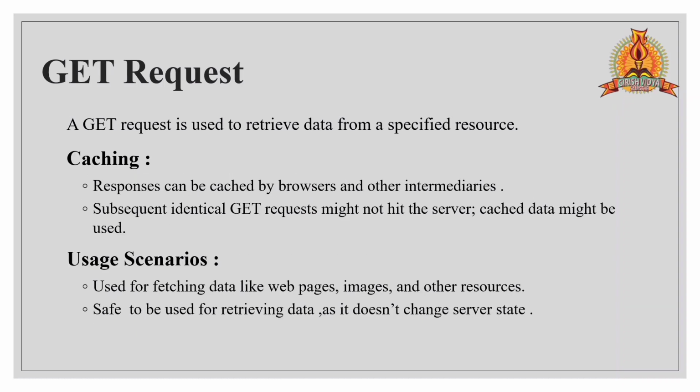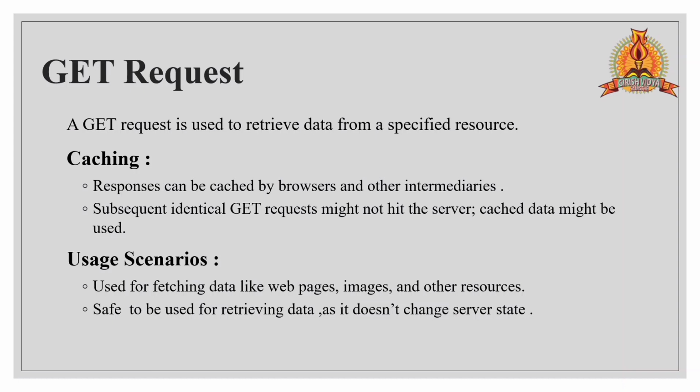Then a GET request is used to retrieve the data from the specified resource. We already know that. Caching means storing. So responses can be cached by the browser and other intermediaries. For example, if I am talking with a traveler or tourist who might be from another state, and I am from Karnataka, and I ask where you want to go, if he doesn't know my language, then a third party or intermediary will come and ask, what's your problem?